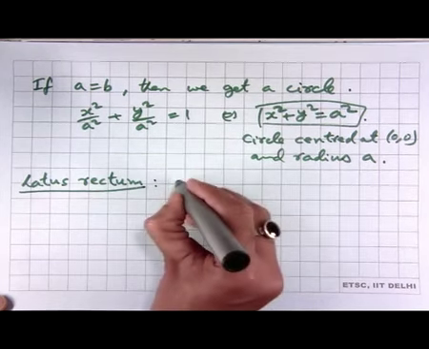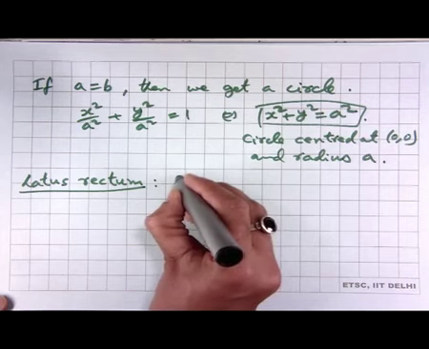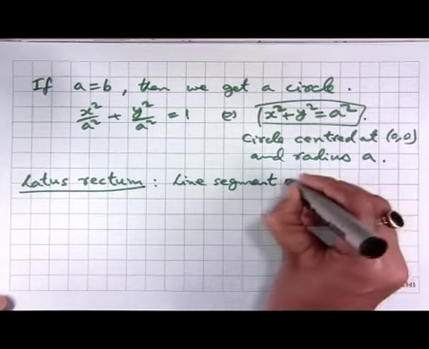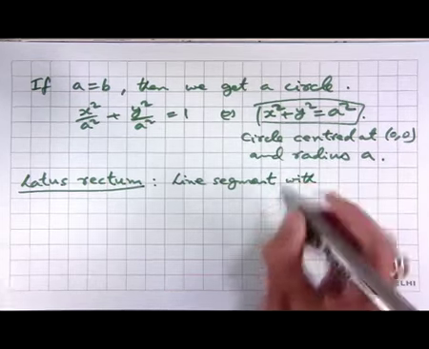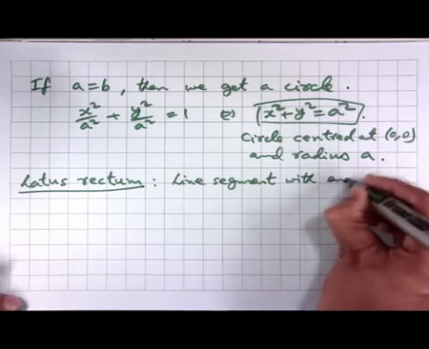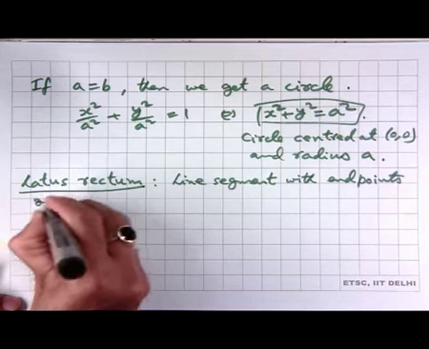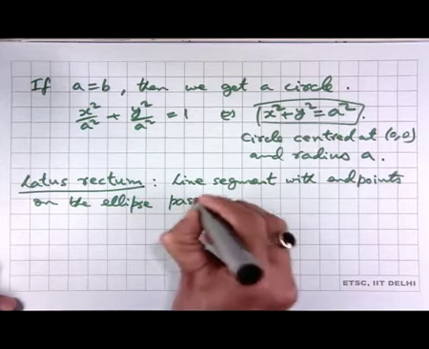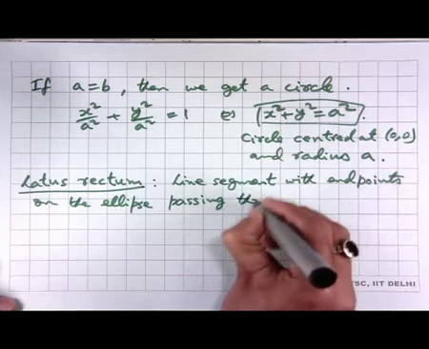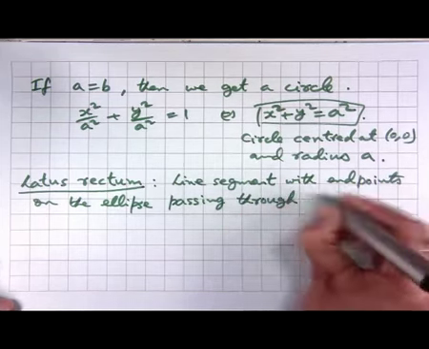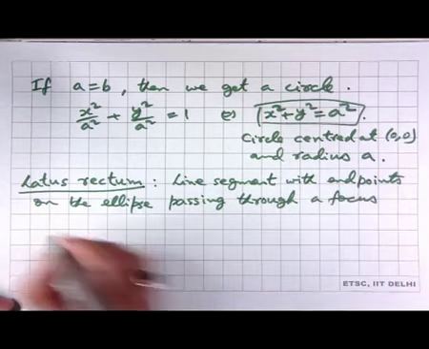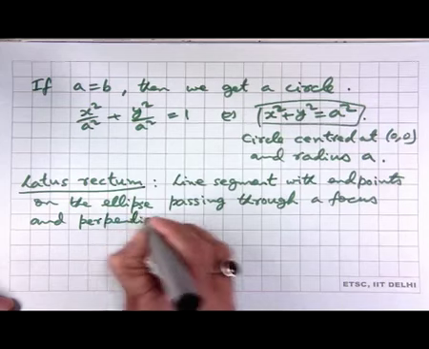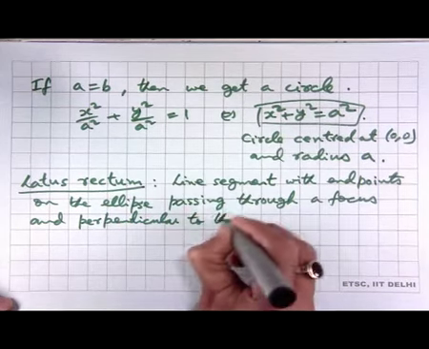This is a line segment with end points on the ellipse, passing through a focus and perpendicular to the major axis.